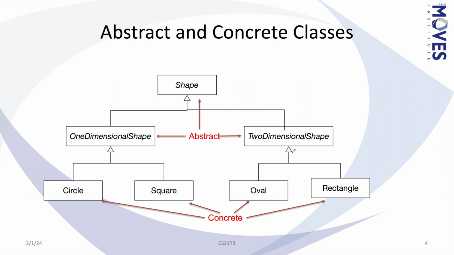When do you do which one? In a context where I'm going to have a bunch of different one-dimensional shapes only, I would declare it as a one-dimensional shape. If I know they're all going to be two-dimensional shapes, I would declare it that way. If I'm going to have a mixture, I would declare it up here. The principle is that variables are ideally declared in the most abstract type that you can actually use.